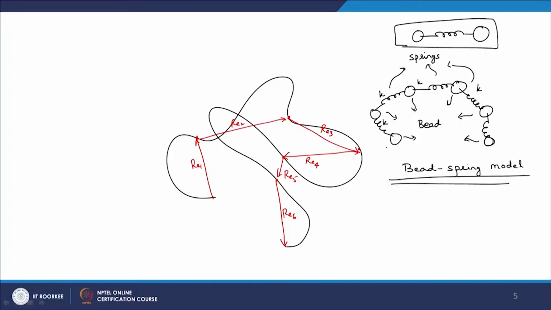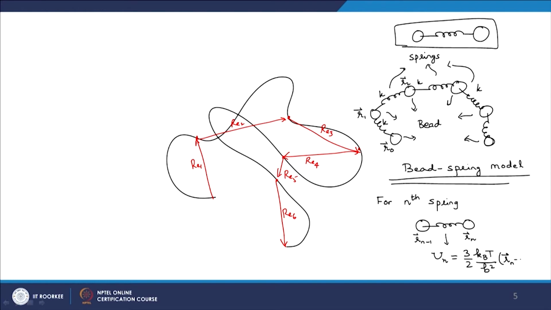So, I can say that these beads have positions R0, R1, R2 and so on, and for any spring in the system, let us say I look at the nth spring, that is between R n minus 1 and R n, this spring will correspond to certain energy U n as like this. So, now I have replaced the mb square by b square again.